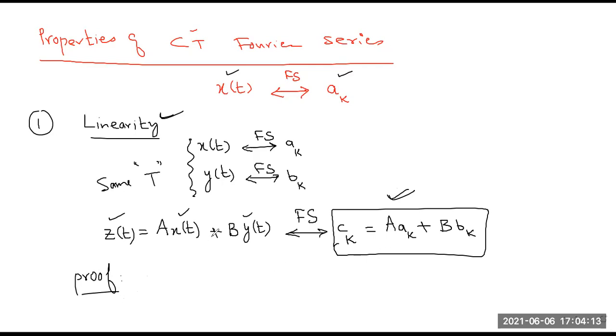So let's assume that we are given this signal z of t, which is a times x of t plus b times y of t, and now we want to find out what is the Fourier coefficient, say c sub k. Let's assume that we don't know what c sub k is equal to. So let's prove this particular property.